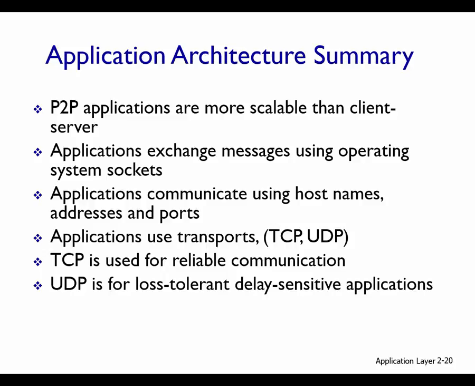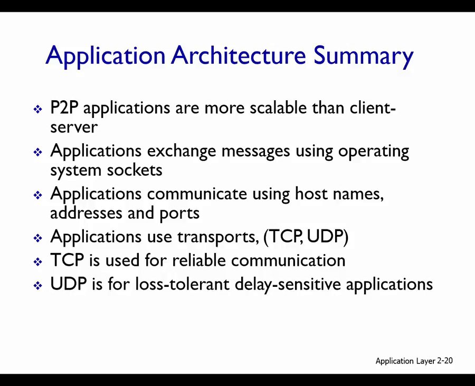This summarizes what we've talked about so far. Peer-to-peer applications are more scalable than client-server. Applications exchange messages using operating system sockets. I'm going to talk about that in greater detail shortly.